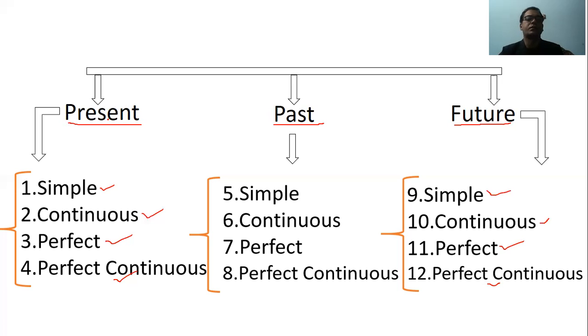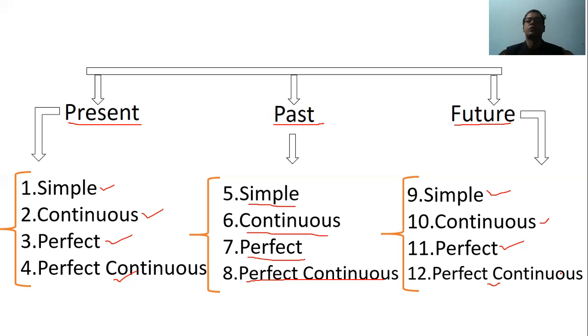Repeat it again: present simple, present continuous, present perfect, present perfect continuous. Past simple, past continuous, past perfect, past perfect continuous. Future simple, future continuous, future perfect and future perfect continuous.